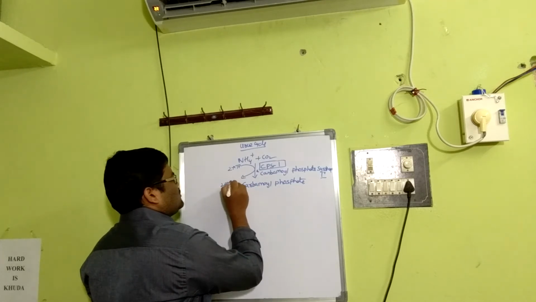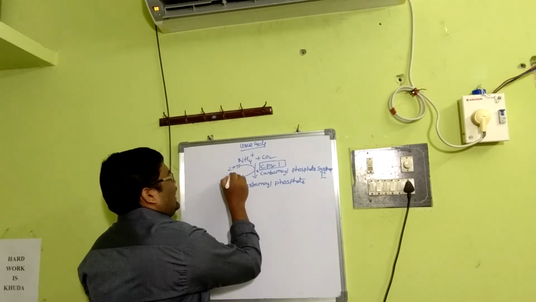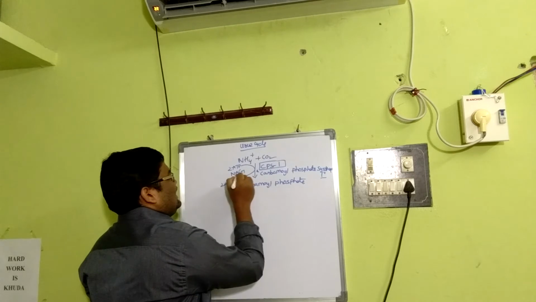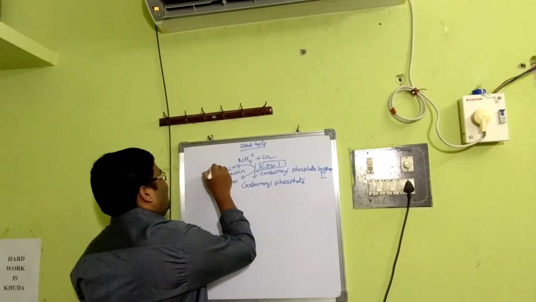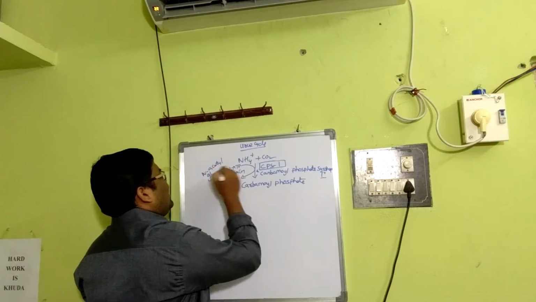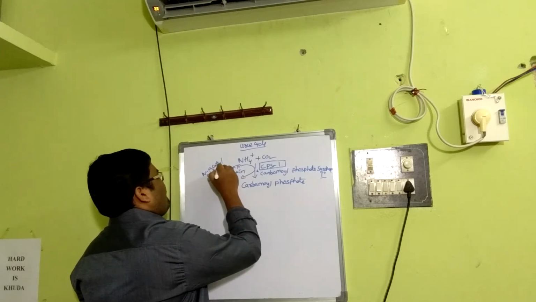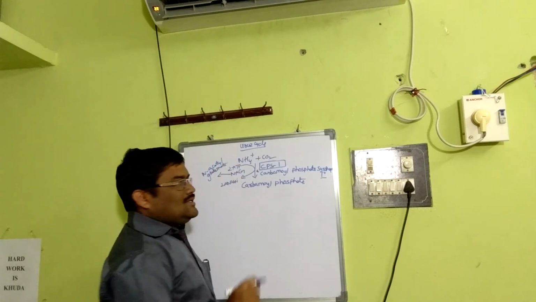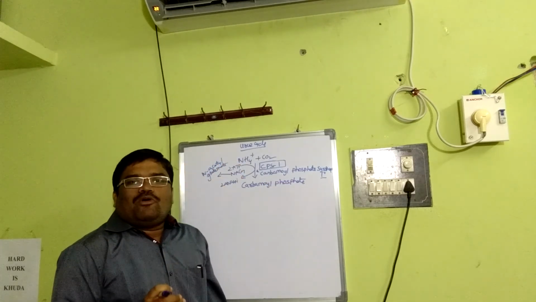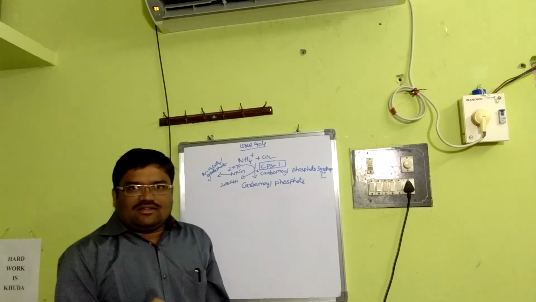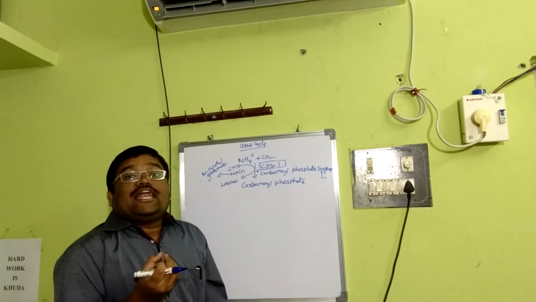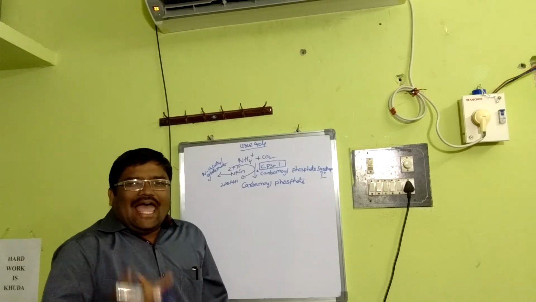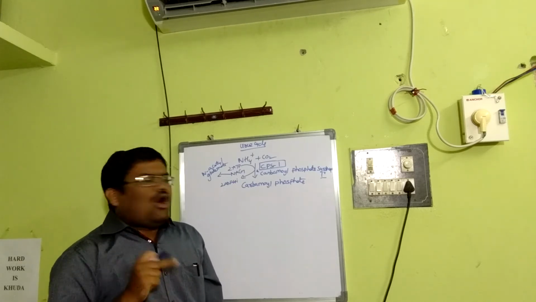It's the usual reaction: 2 ATP plus Pi. N-acetyl glutamate is needed for allosteric activation. The thing is, CPS1, carbamoyl phosphate synthase 1, requires NAG, N-acetyl glutamate, for allosteric activation.